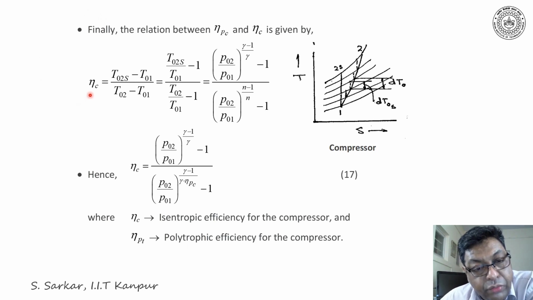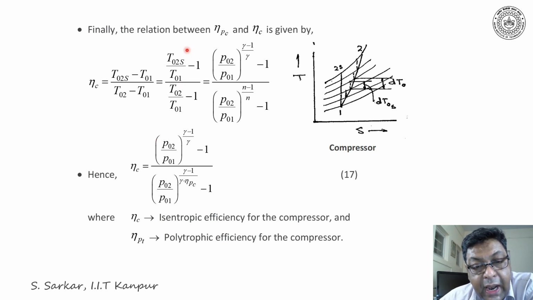I can write now eta C as (T02s minus T01) divided by (T02 minus T01), that is the ratio of isentropic temperature rise to actual temperature rise, which can be written as (T02s/T01 minus 1) divided by (T02/T01 minus 1).